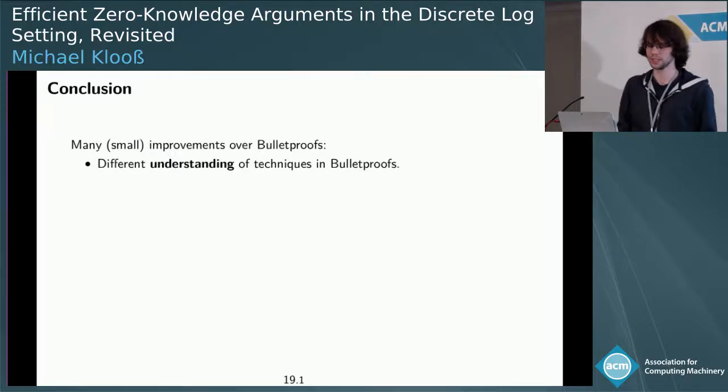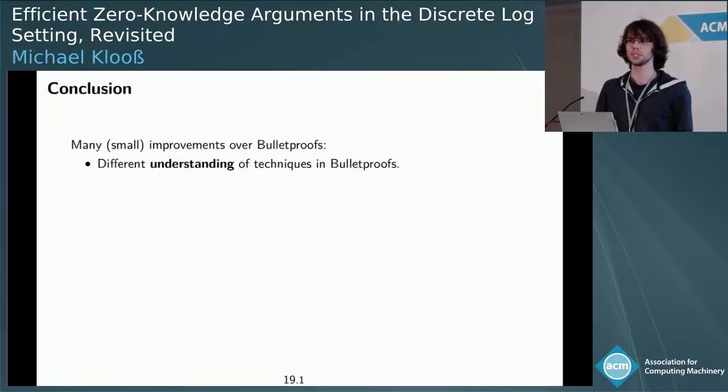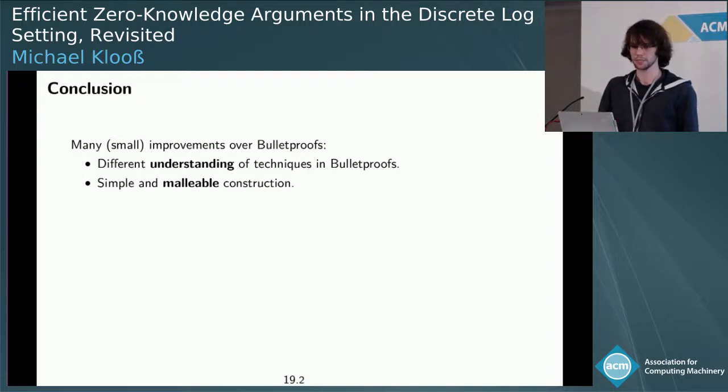So we provide many small improvements over bulletproofs. The biggest improvement, in my opinion, is that we have a different understanding of the techniques of bulletproofs, which allowed us to get these quadratic equations instead. We provide simple and malleable constructions, so you can easily tweak them at a lot of places. And our language is more expressive, it's quadratic.